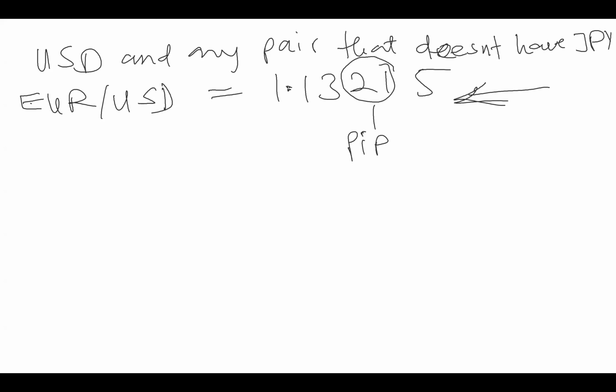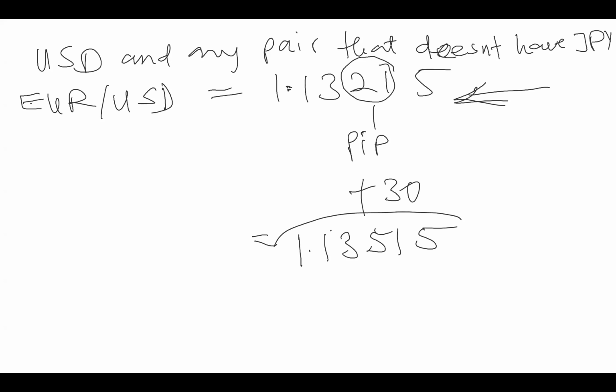I simply add 30 to this 21, since the third and fourth number is our pip. If I add plus 30, it's going to be 1.13515. So the market would have moved 30 pips. It's very, very easy.